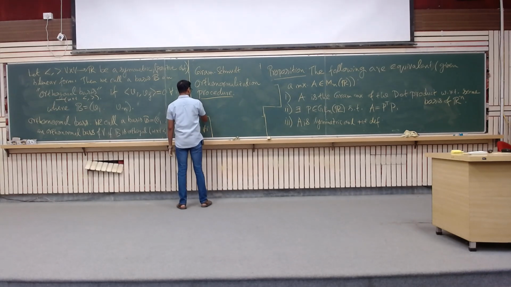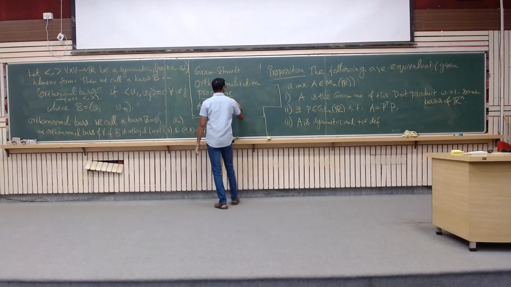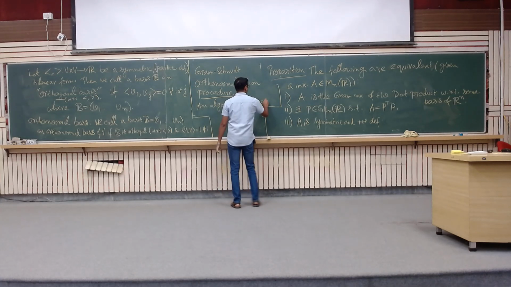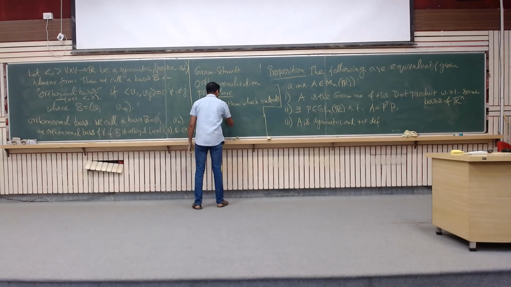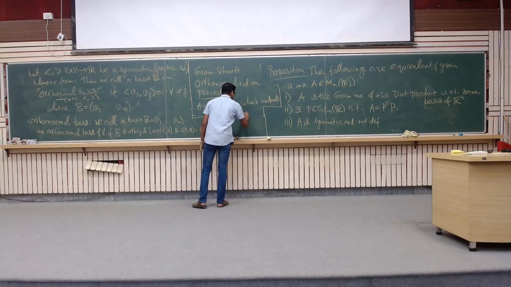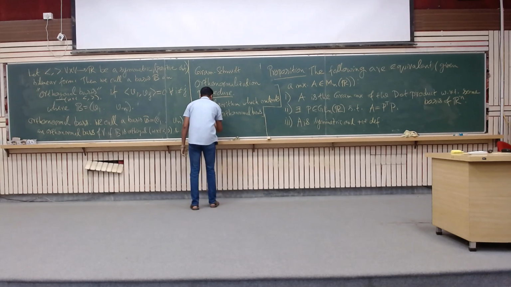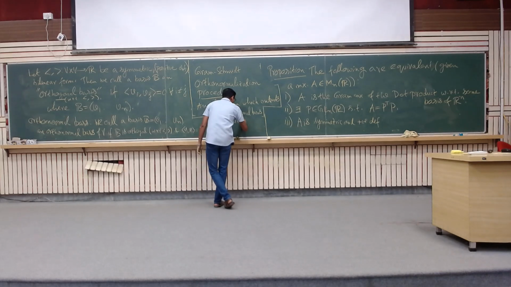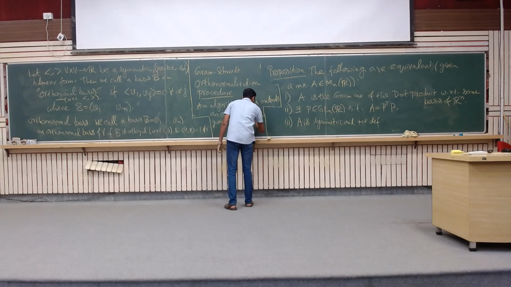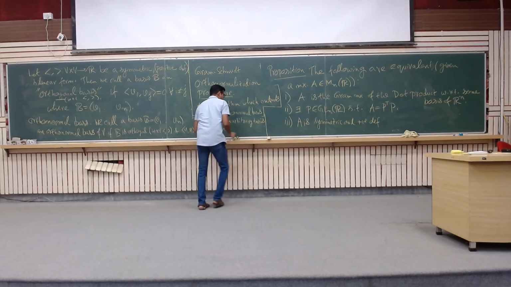You can write a program which takes any basis and outputs an orthonormal basis. So this is an algorithm which outputs an orthonormal basis given an arbitrary basis of a vector space V, a real vector space.